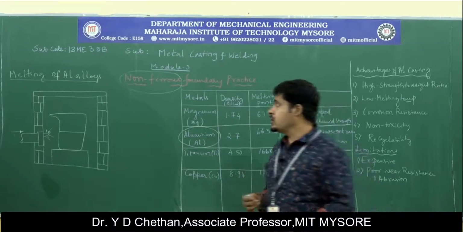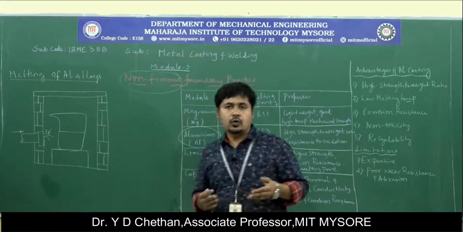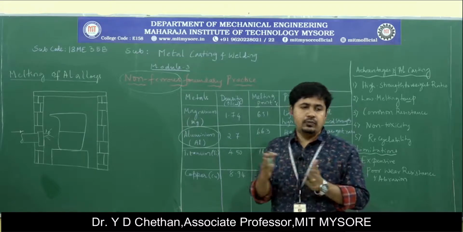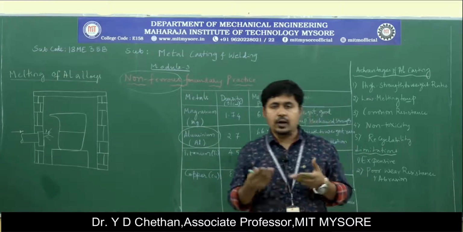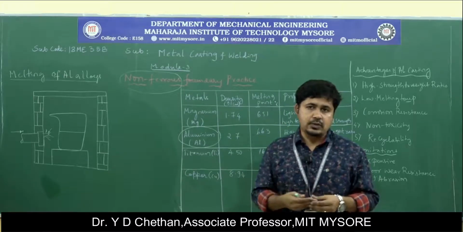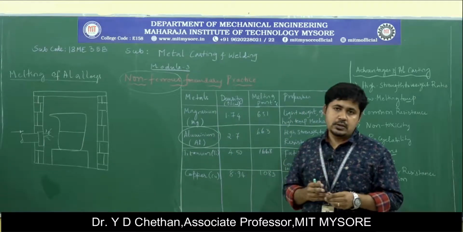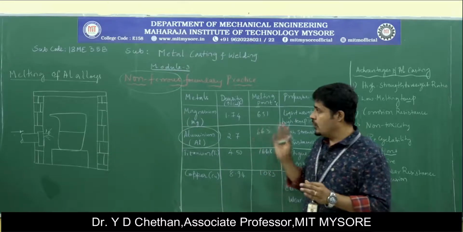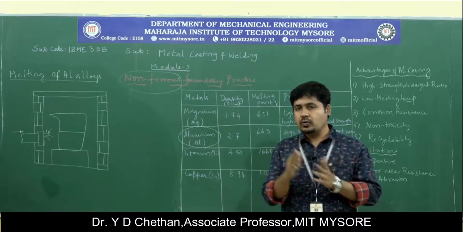The next topic is melting of aluminum alloys. So what equipment could be employed to convert the phase from solid to liquid, since the liquid form of metal or alloys is required to make the casting process. So the important equipment is the furnace. The furnace is employed to convert the phase of the aluminum from solid to liquid.